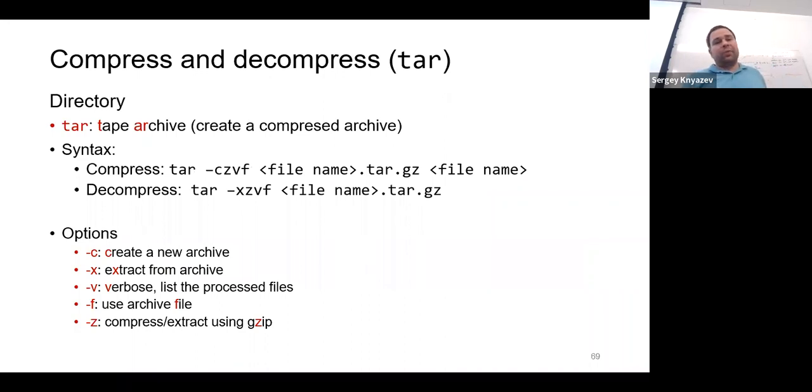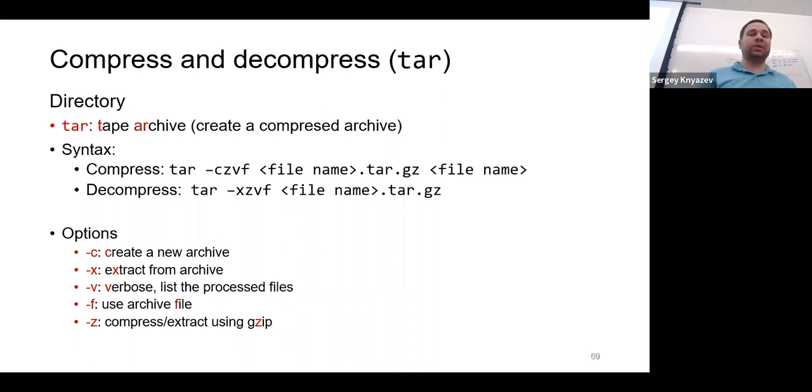Another way to create archives is tar. It's a short name for tape archive. It's a very rich command. It can create archives of different types, but the most common is tar.gz.